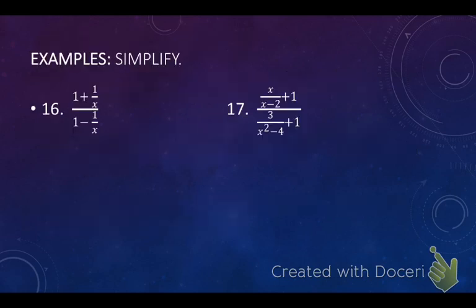So I'm going to go ahead and do 17 because it's a lot more complex. With a complex fraction, focus on one thing at a time. So for right now, I'm going to forget about everything down here. I'm not going to worry about it.